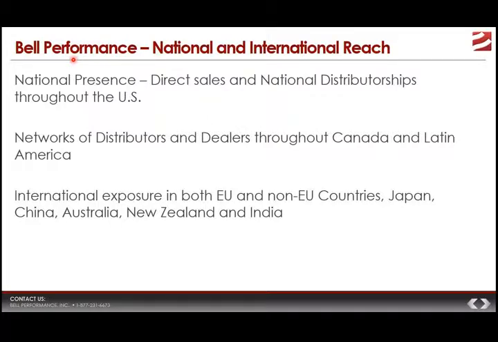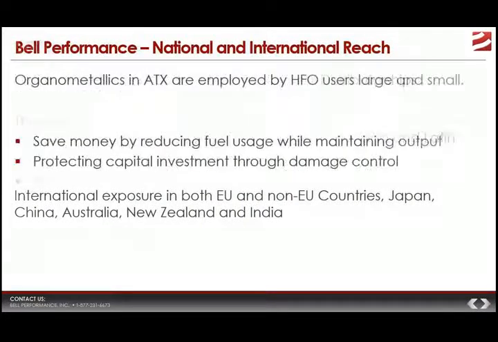We sell all across the country. We sell in Canada, Latin America, and we export both consumer and industrial fuel treatments to, I believe, more than 17 different countries, including the EU, Far East, Japan and China, Australia, New Zealand, India. So Bell Performance has both national and international reach.